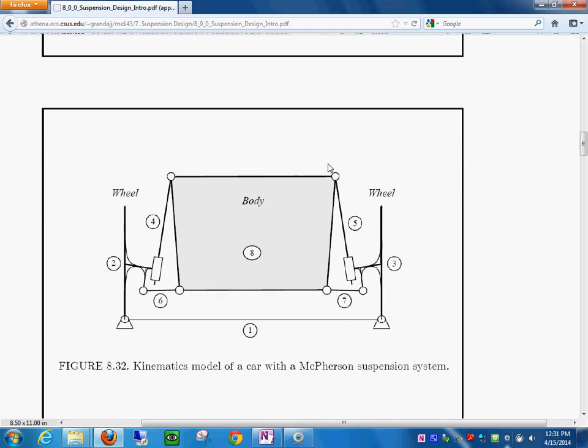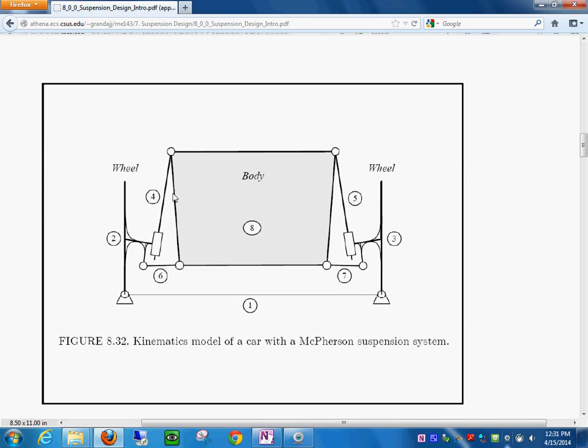If you make an engineering model of this car and of the suspension system, you can do a two-dimensional model, as you can see here.